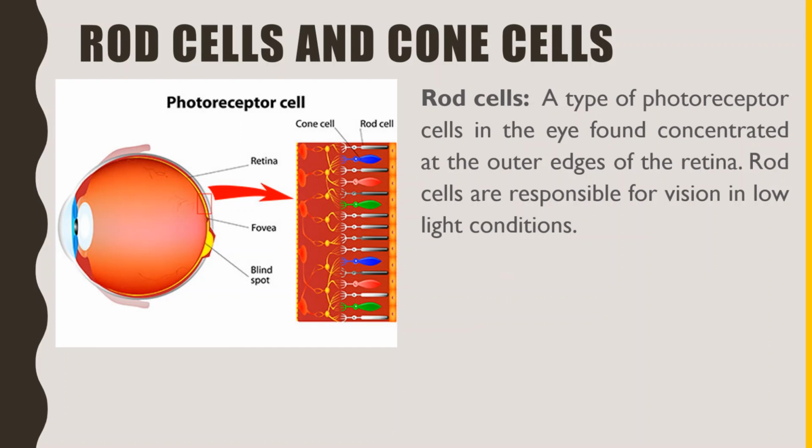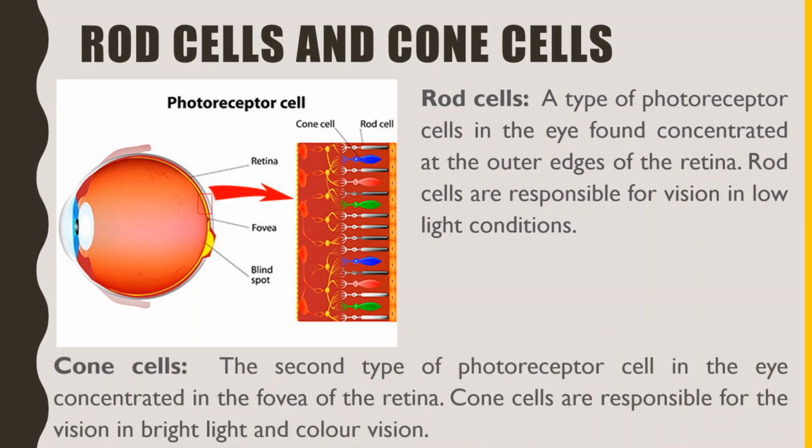Rod shaped cells are responsible for the brightness which you see. How bright, how clear you see a particular thing is the responsibility of the rod shaped cells.